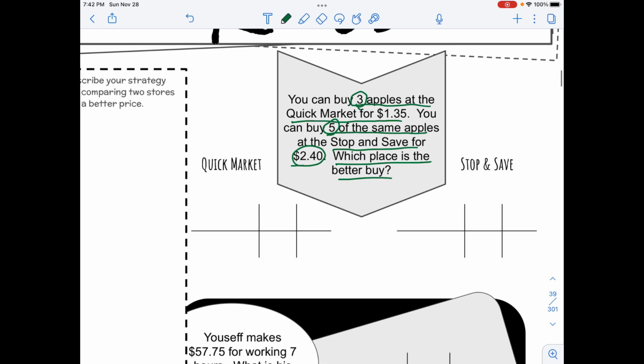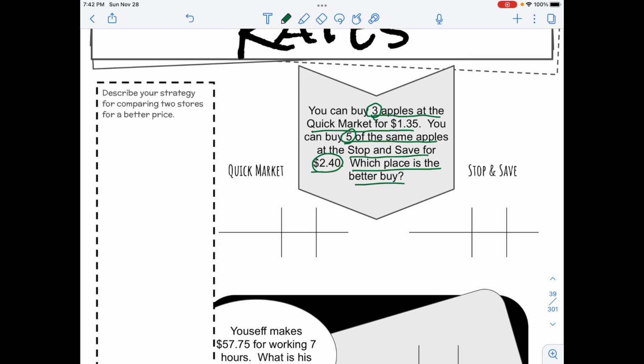Okay, so when you are comparing which place has the better buy, you're going to want to find the cheaper unit price. So you want to see how much you are being charged for one apple. When I say unit price, that is the price for one apple. So at the Quick Mart, we have 3 apples.